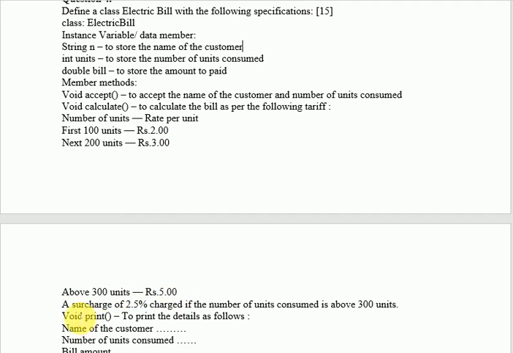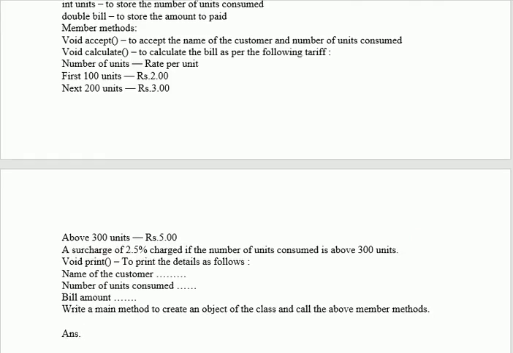For the next 200 units, it is 3 rupees each unit, and above 300 units it is 5 rupees each unit, and a surcharge of 2.5% is to be added above the consumption of 300 units. So whatever the additional units above 300, on that amount you will have to calculate a surcharge of 2.5%.